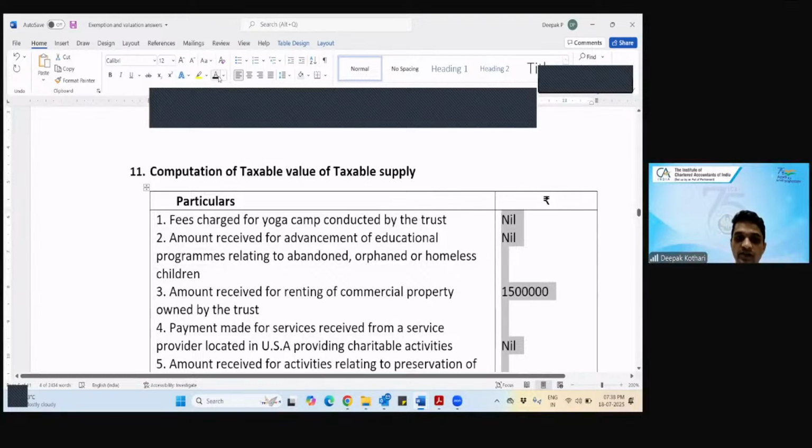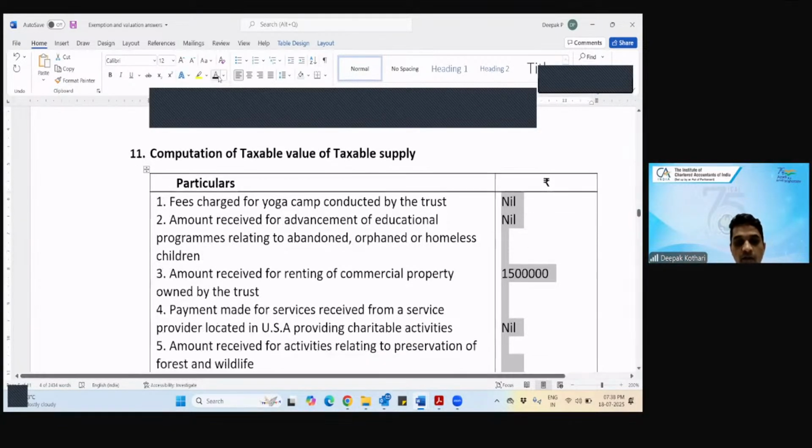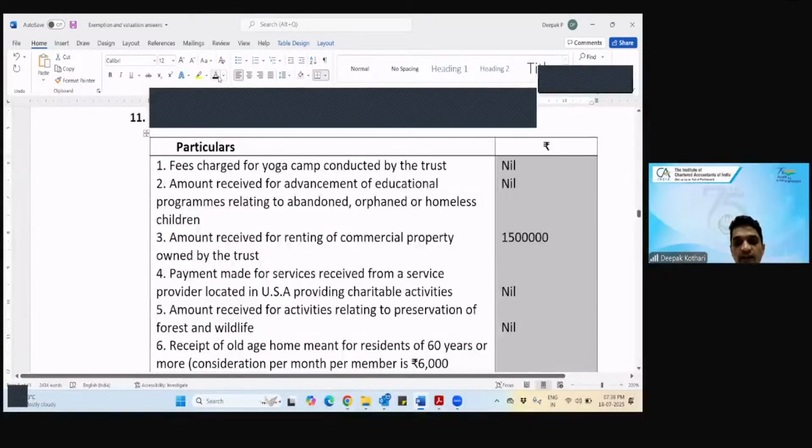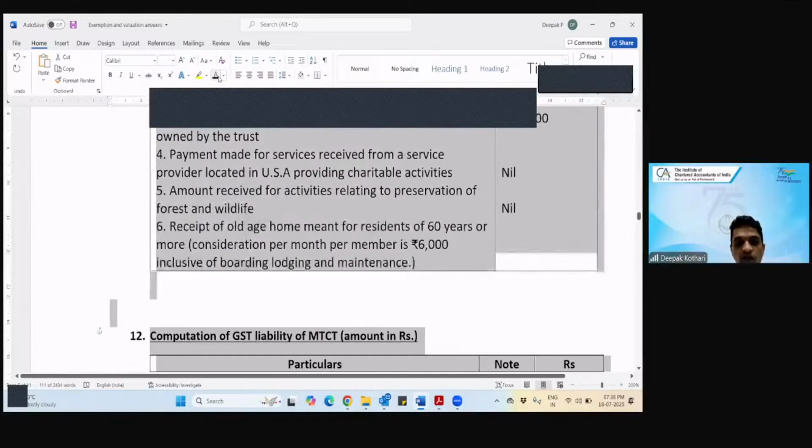Payment made to service provider located outside is not taxable. Amount received for activities relating to preservation of forest and wildlife, that is also exempted. So what will be taxable? Only 15 lakh rupees. So the total taxable value is only 15 lakh rupees.